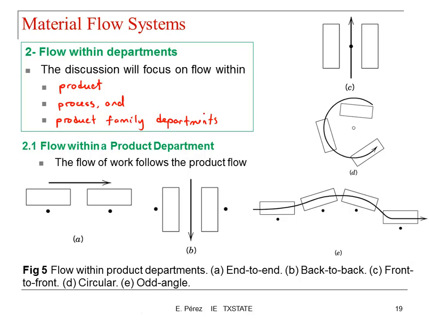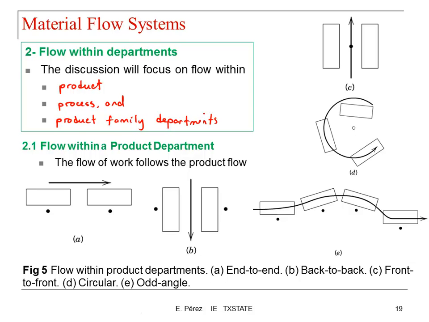Once you perform some activities, you take the product to the next station, and so on. There are several strategies that you can use to design such a flow within the department. Here I have five of them. The first one is called the end-to-end, in which you move the product from this table to the other, this table to the other, and so on. So the flow follows that line.